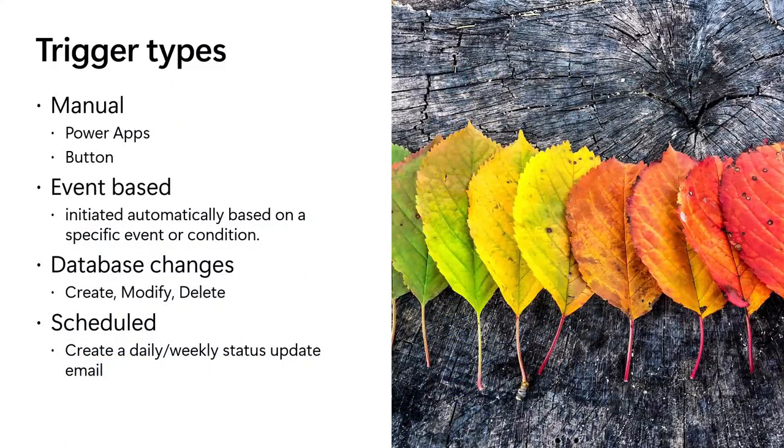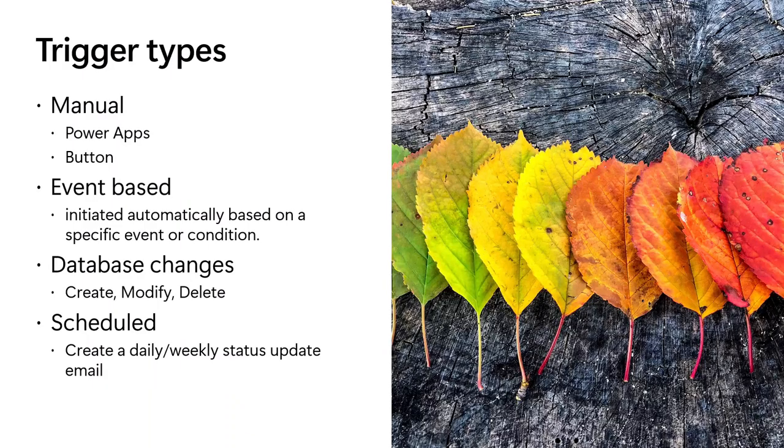There are a number of basic trigger types, and these include manual triggers, and in some cases we call them button triggers because we simply tell the flow to run. And these have similarities with Power Apps triggered Cloudflows. The Power App triggers the flow and supplies any necessary parameters.